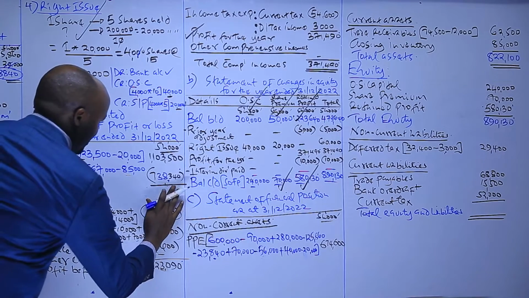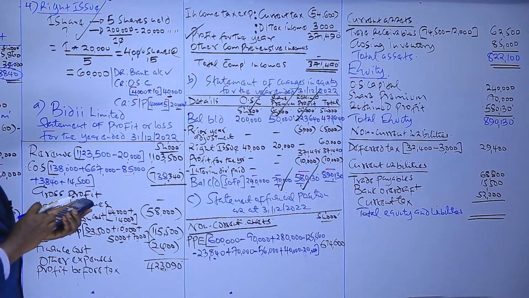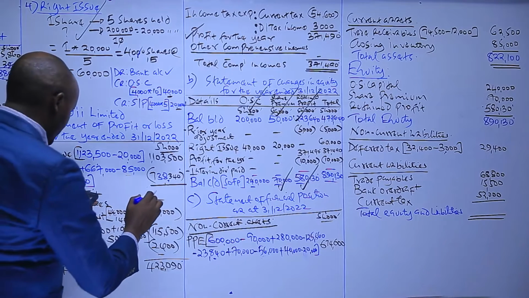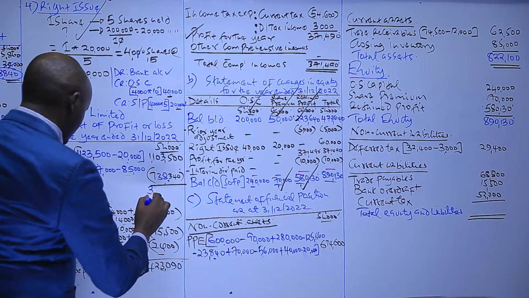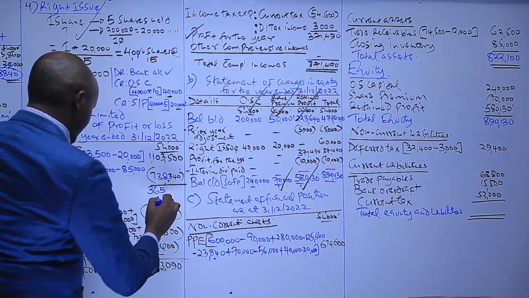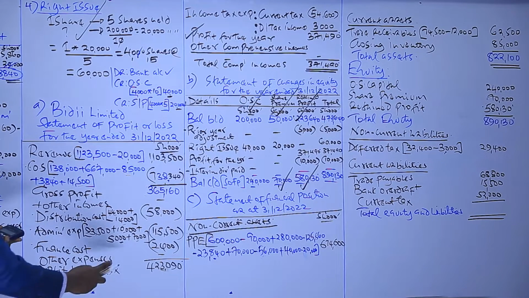That was an error. So let's get the correct figure for the gross profit. We deduct that from our revenue, 1,103,500, and that will give us now the correct figure for the gross profit here to be 365,160. So what else do we need to change?